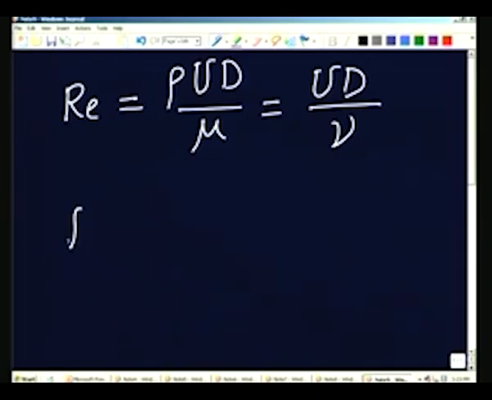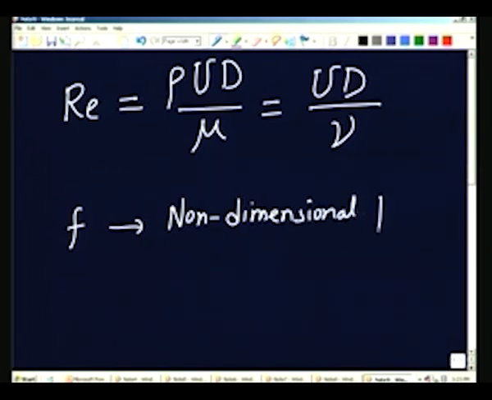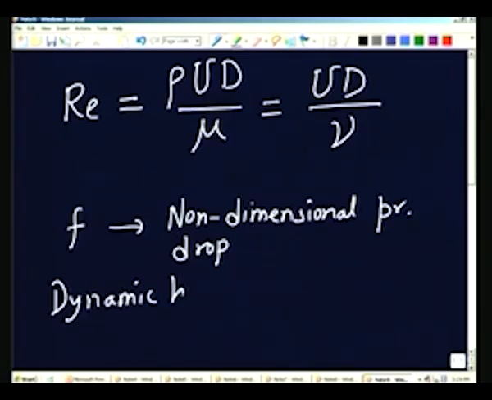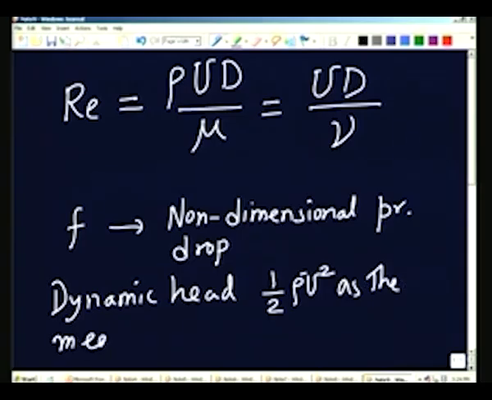The friction factor is actually a non-dimensional pressure drop parameter. And what we do normally is to use the dynamic head, which is given by half rho u squared, as the measure.